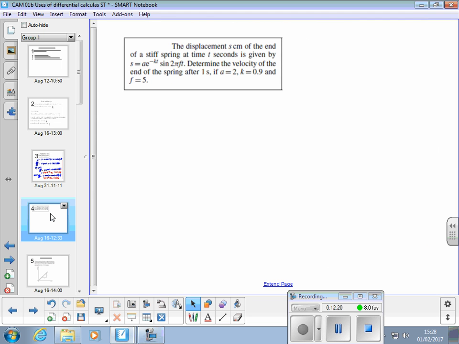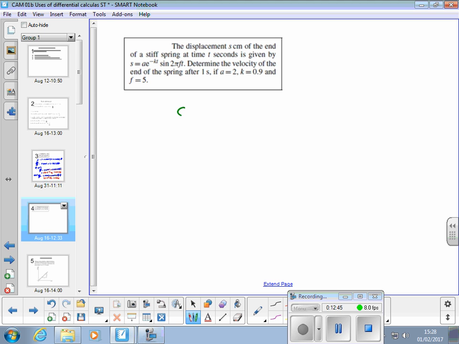And there's a second example in the notes that you could have a look at, about the displacement in centimetres at the end of a stiff spring at time t, and so on and so forth. That one is quite a tricky little one, because looking at the function, what rule have you got to use?